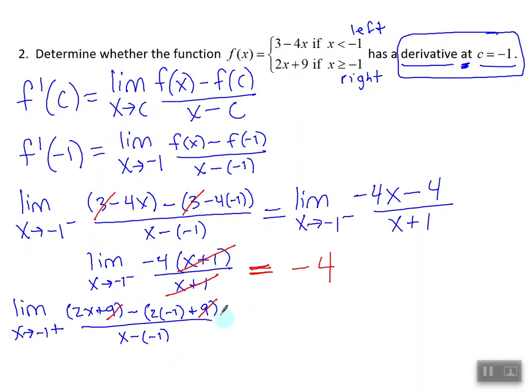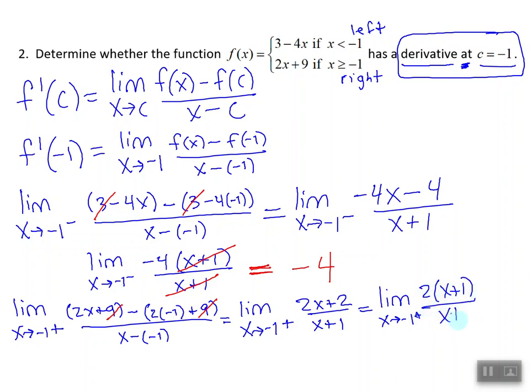That's gone. Limit as x approaches -1 from the right. 2x minus -2, or 2x plus 2 over x plus 1. And I think you see it. We can factor out the common factor of 2. And x plus 1 is gone, and that limit is +2.